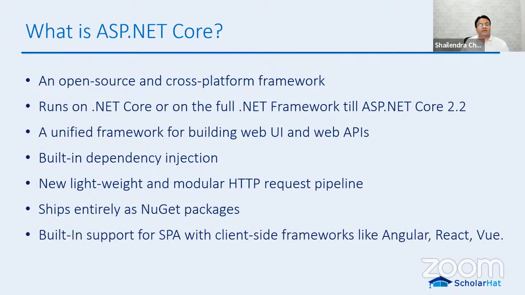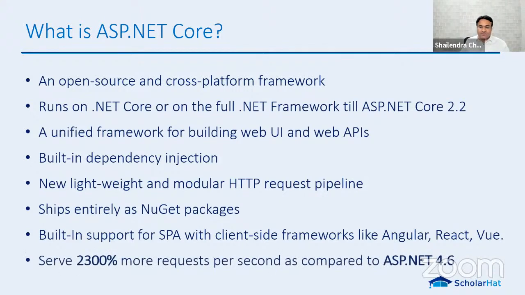All the things can be downloaded through NuGet packages. It even has built-in support for single page applications, so if you're willing to build Angular, React, and Vue.js applications, we can build them simply. The same thing I told you here, ASP.NET Core can serve 2300% more requests per second as compared to ASP.NET 4.6. So performance-wise, it is very, very good as compared to the existing one. That's why people are now focusing on ASP.NET Core.